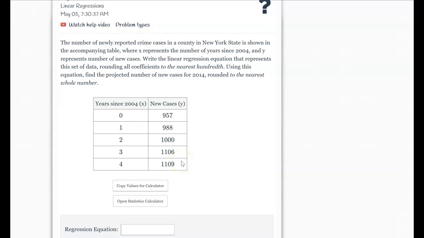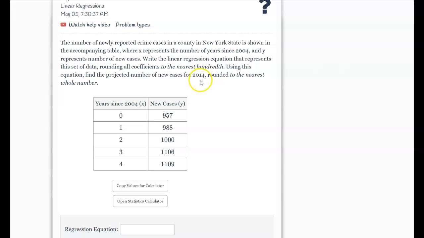Now notice how they changed the numbers here. It says years since 2004, and they got 0, 1, 2, 3, 4. They don't say 2004, 2005, 2006. So the question is, what number would be the year we're looking for, which is 2014? It's pretty simple to find that.